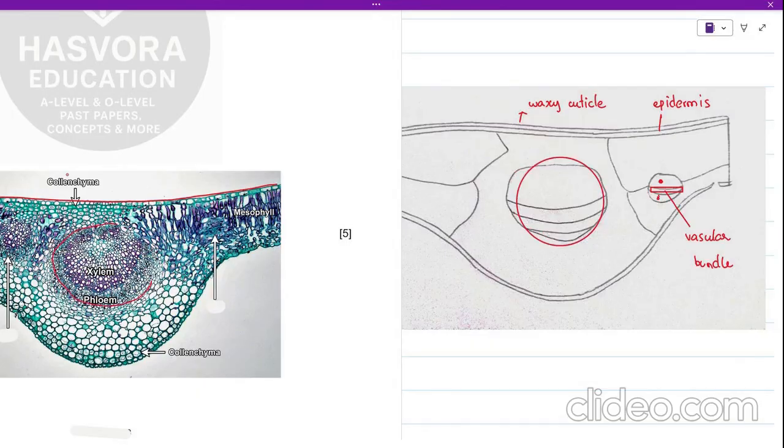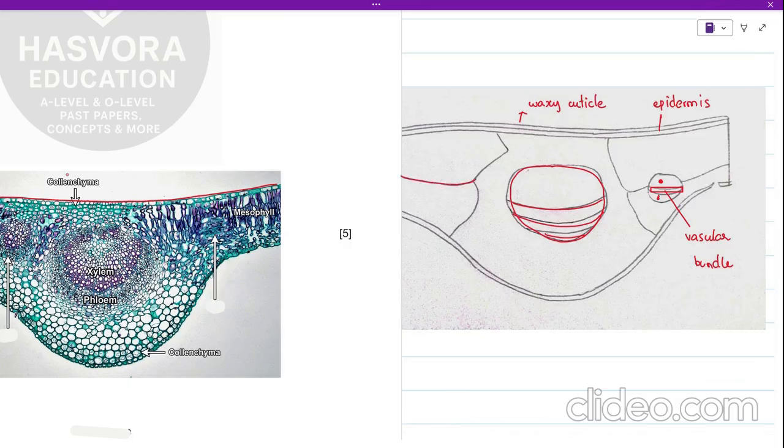You are going to be showing the proportion of it, how it is being divided. The xylem covers more than half of the area. Then this is the xylem parenchyma, and this is the phloem parenchyma. So I told you that the xylem covers more than half of the area.